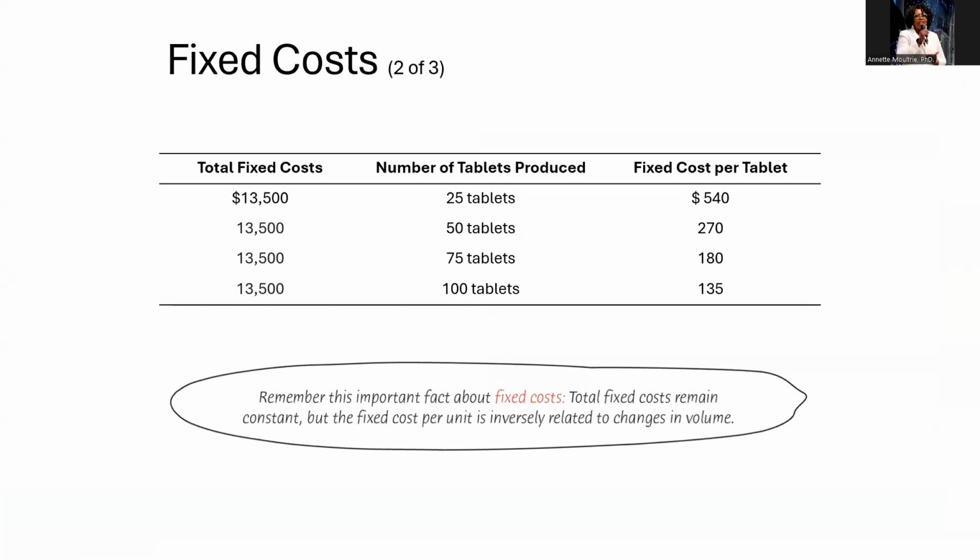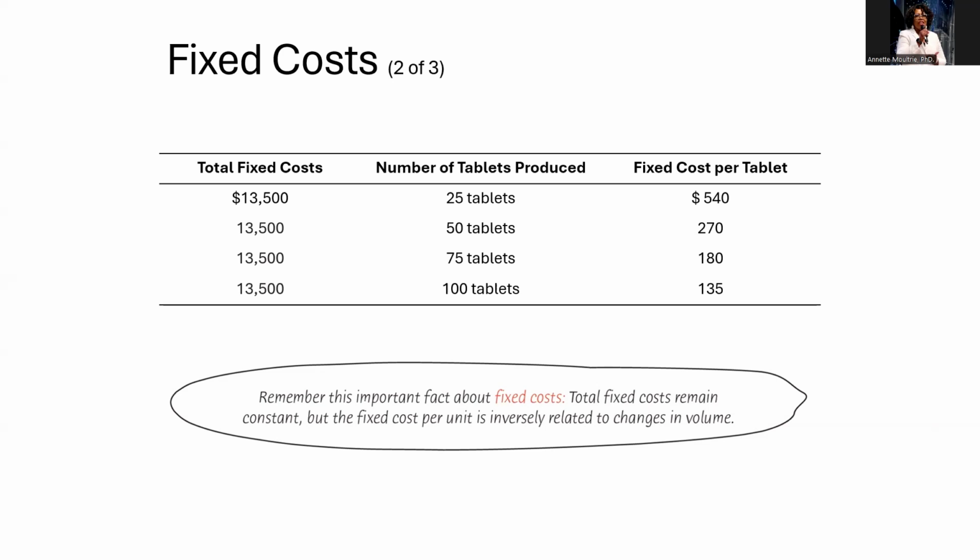This chart that you see here illustrates total fixed costs across different levels of production. Now, while the total fixed cost remains constant, the fixed cost per tablet varies depending on the number of tablets produced.